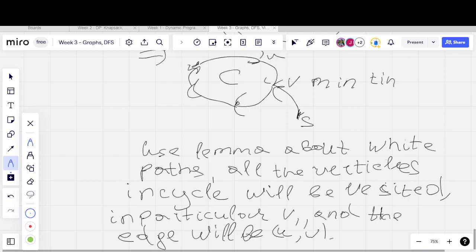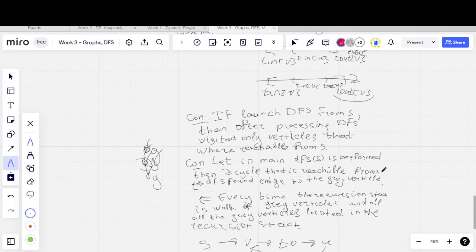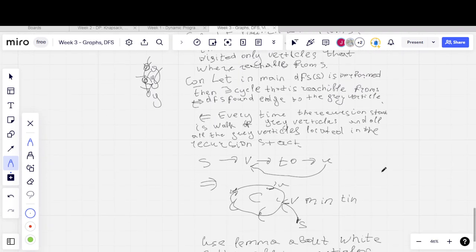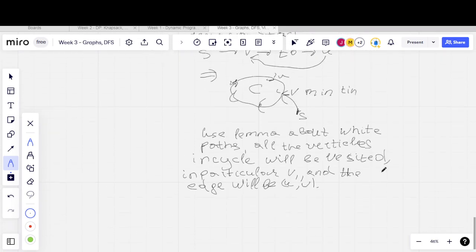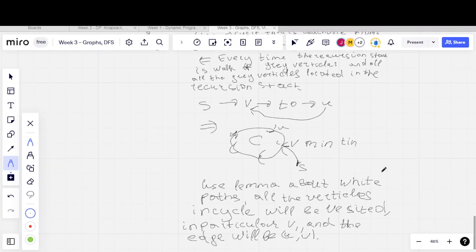It's necessary to prove that DFS works correctly, and we just prove by these lemmas and these statements that it works.